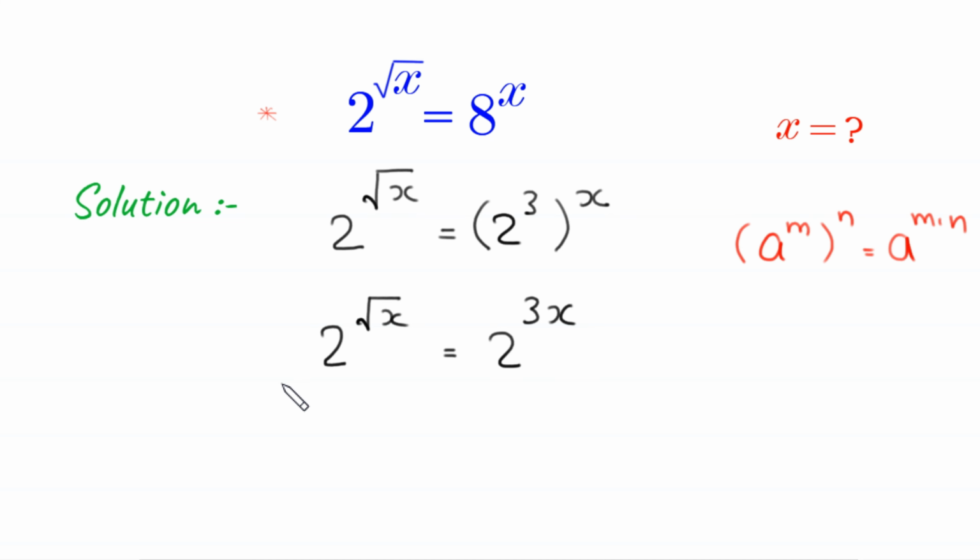Now we have the same base on both sides, so we can write the exponent root x equal to 3x. So this will become root x is equal to 3 times x.